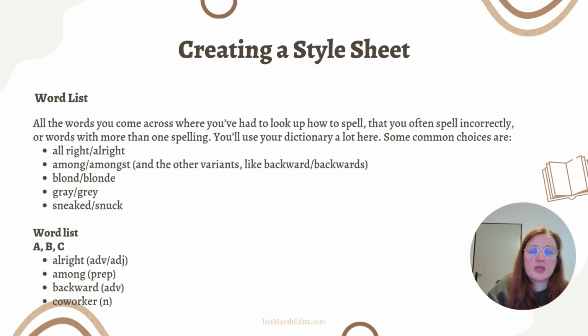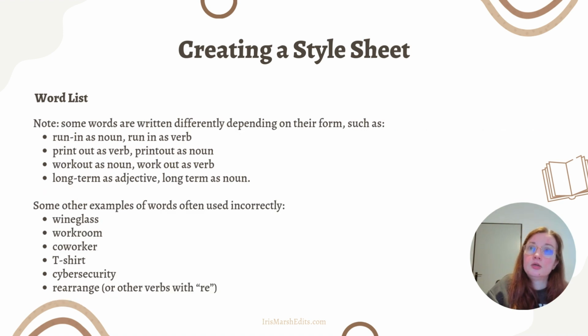I can usually group them together. I have alright, and then what kind of word it is. So in this case, alright can be an adverb or an adjective; among, preposition; backward, adverb; coworker, so without the hyphen after co, as a noun.